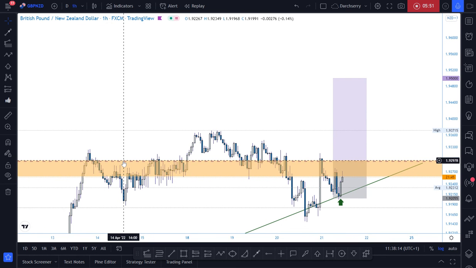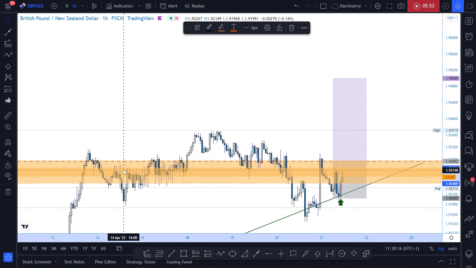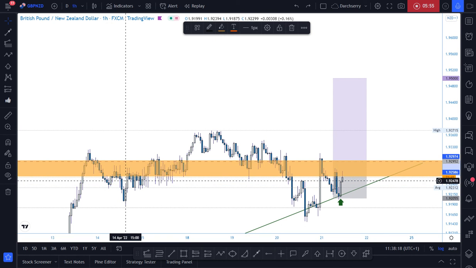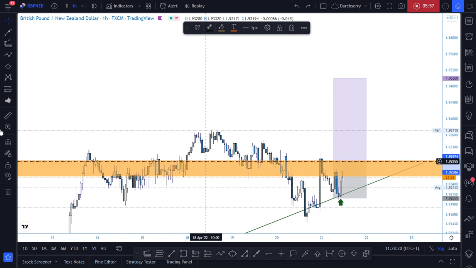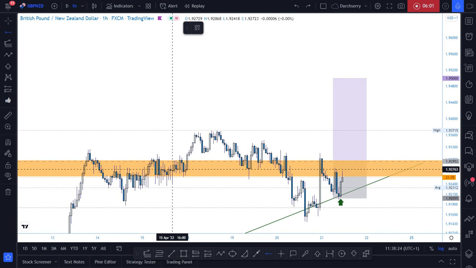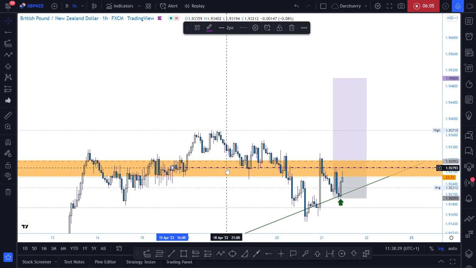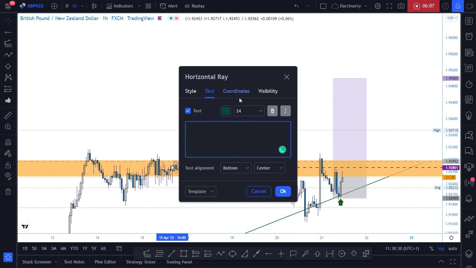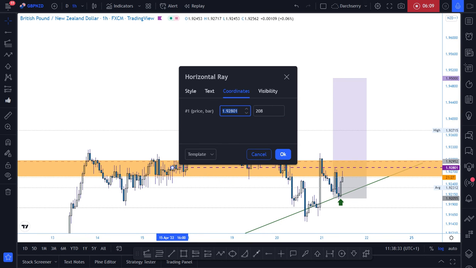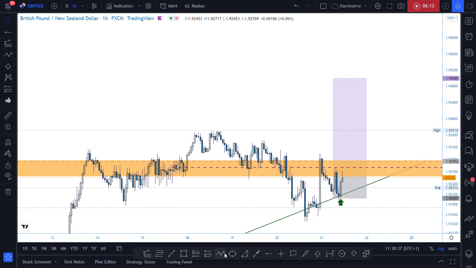With what I'm seeing on the 1 hour time frame, I would like to put one more position right above this level, that's 1.92801. So let's see what happens as price action is being monitored.